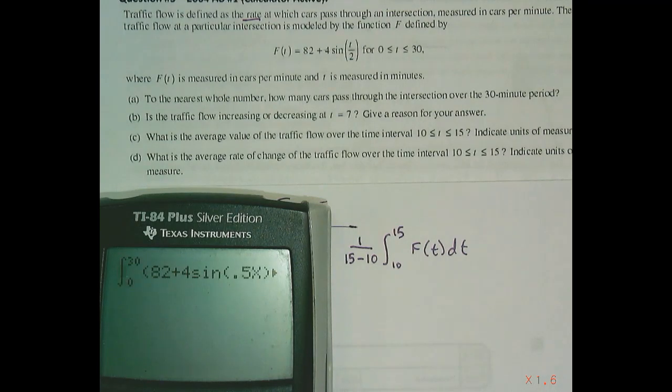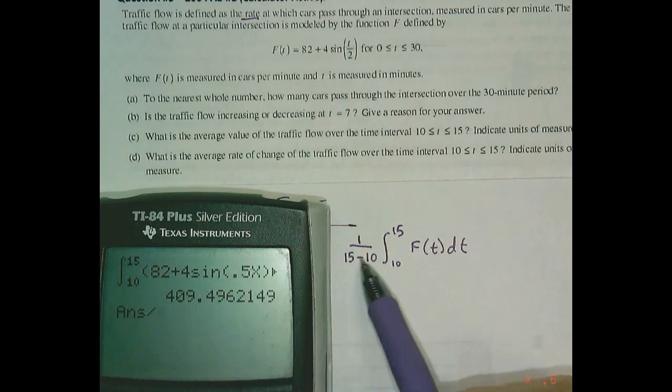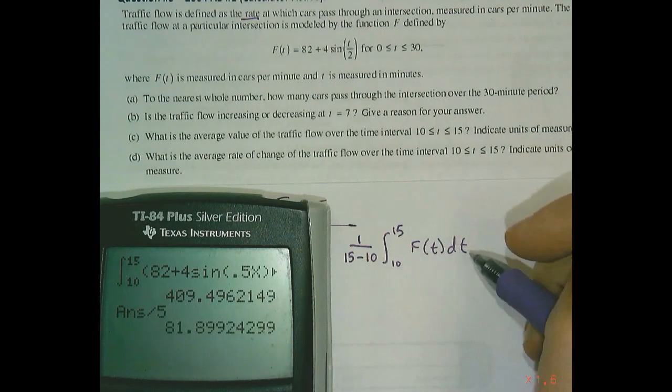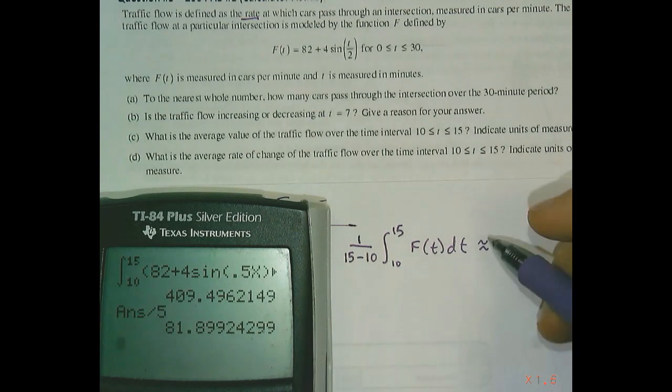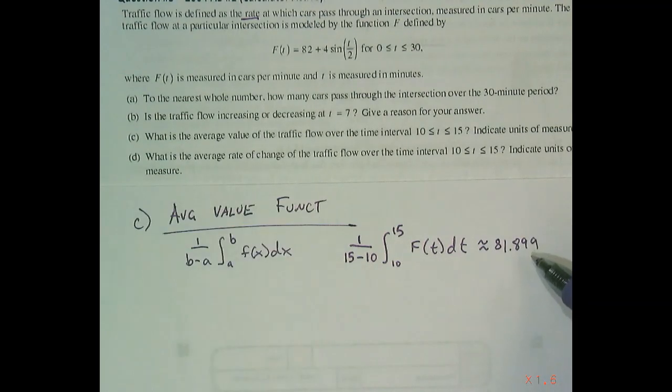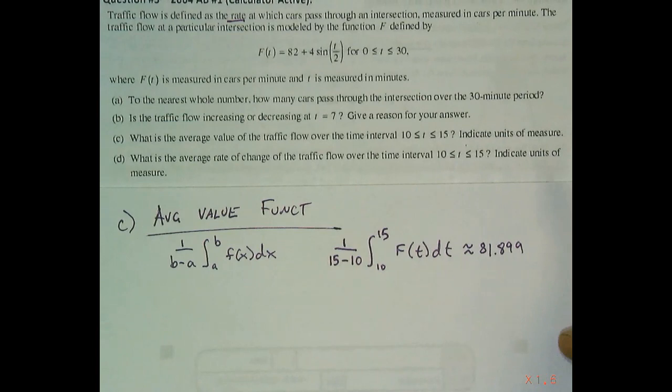Or you could retype it. Probably took me longer to go this way. The most common mistake here is people do the integral and then they forget to divide it by 5. So divided by 5, and we get a value of approximately 81.899. Indicate units of measure.